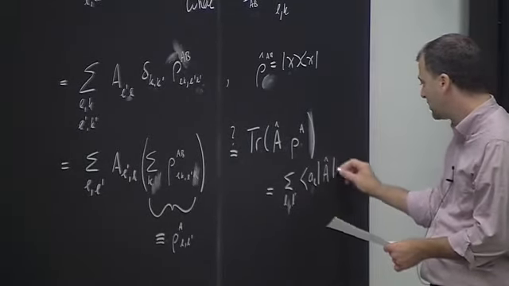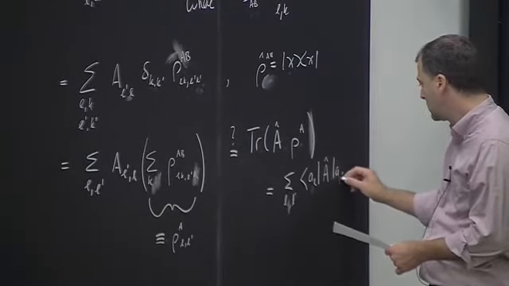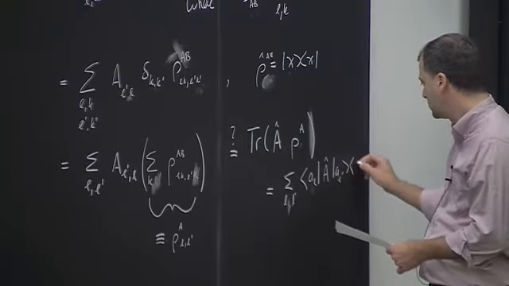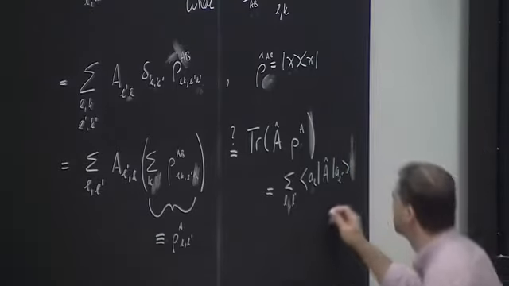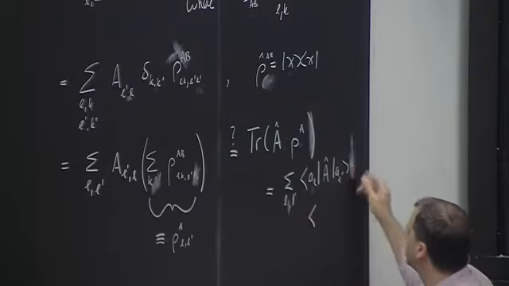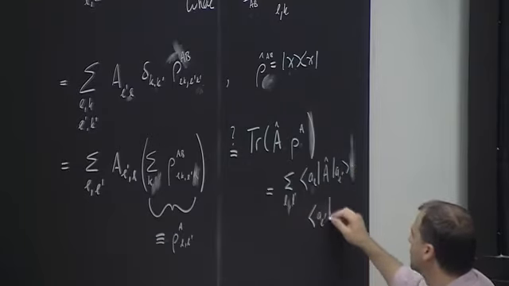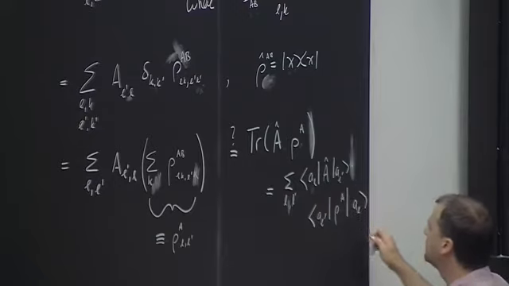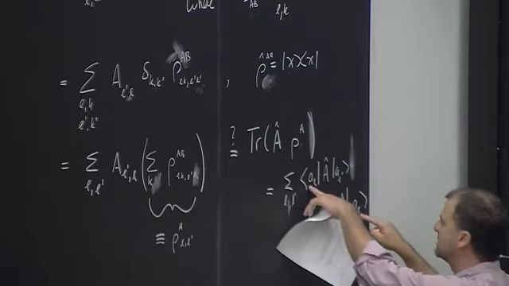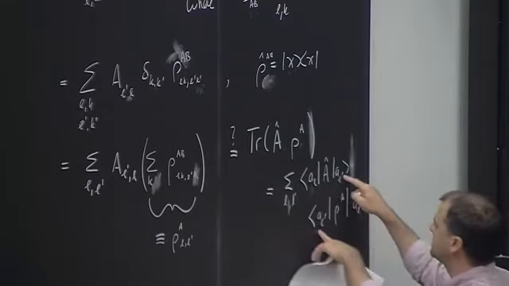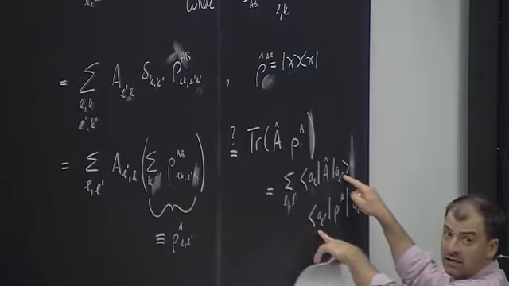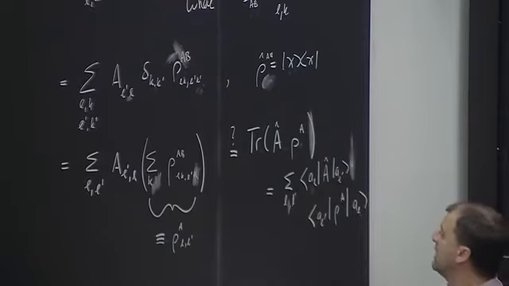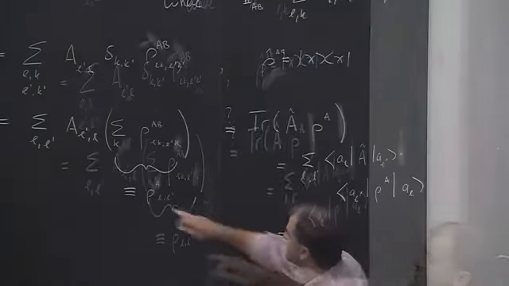So this is the L prime part, <A L prime| rho A |A L>. So this is evaluating the trace, and this piece is inserting the identity. And then you'll see immediately that what we get is exactly this expression.